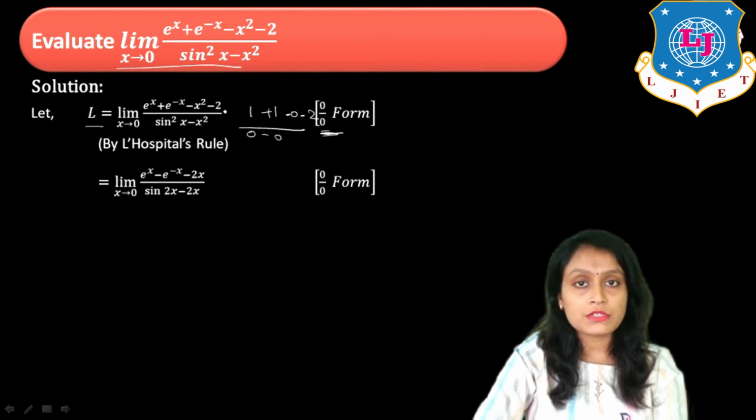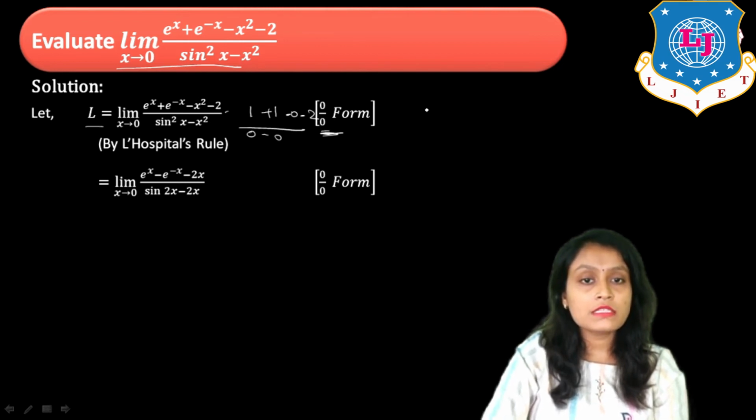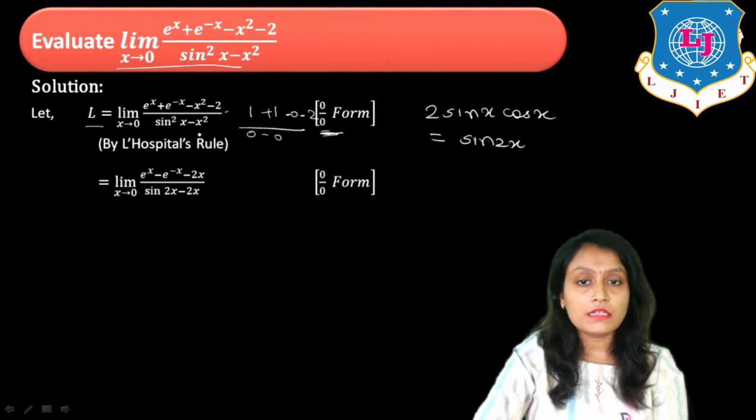The derivative of 2, that is a constant, is 0, upon. Now the derivative of sin square x is 2 sin x, and we have to apply the chain rule, so it is 2 sin x into cos x, right? So we can simplify it as sin 2x. So here write down sin 2x minus the derivative of x square, which is 2x.